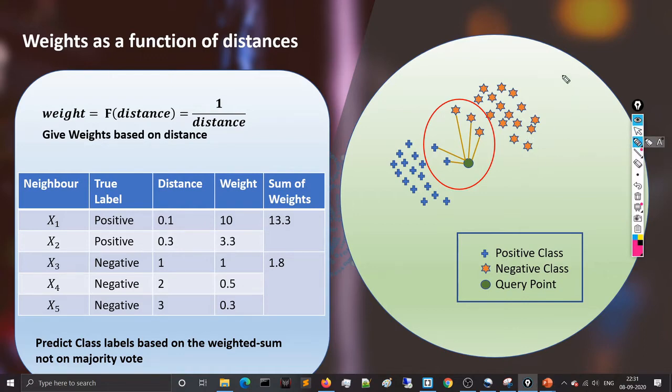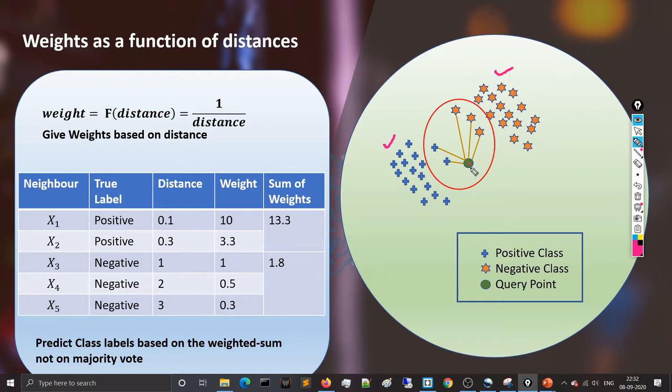So say this is our high dimensional space, and this green point is our main query point. Now we have considered k as 5. This is the positive class data and this is the negative class data.